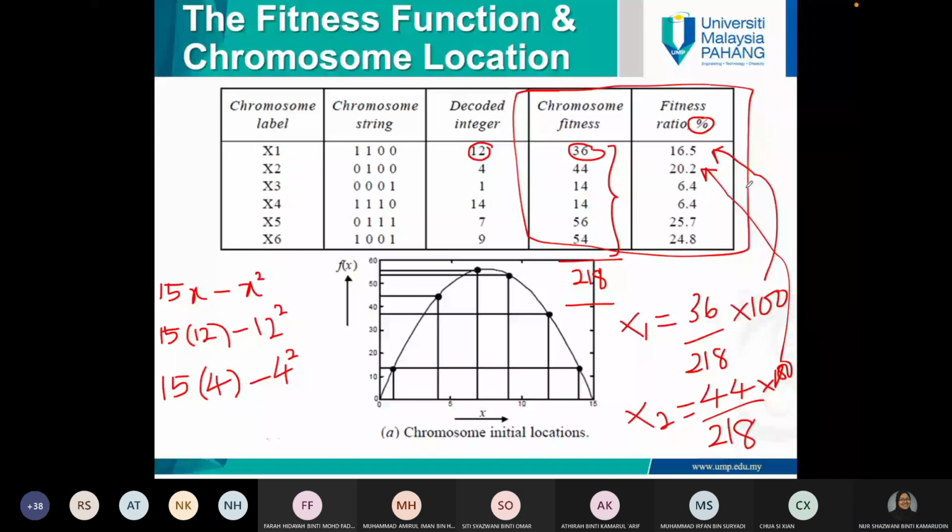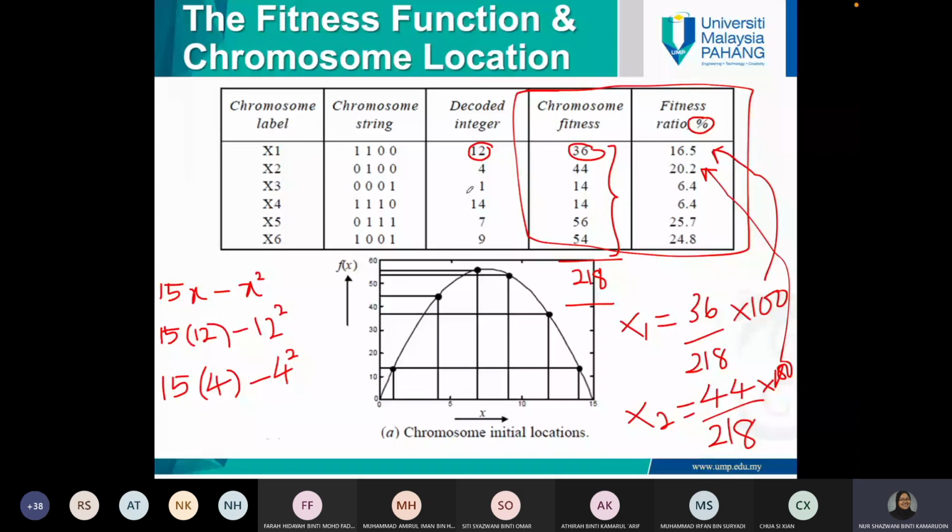Okay. So now we want to find the most optimum X value. If we map our x values with the function here, we have 12, 4, 1, 14.